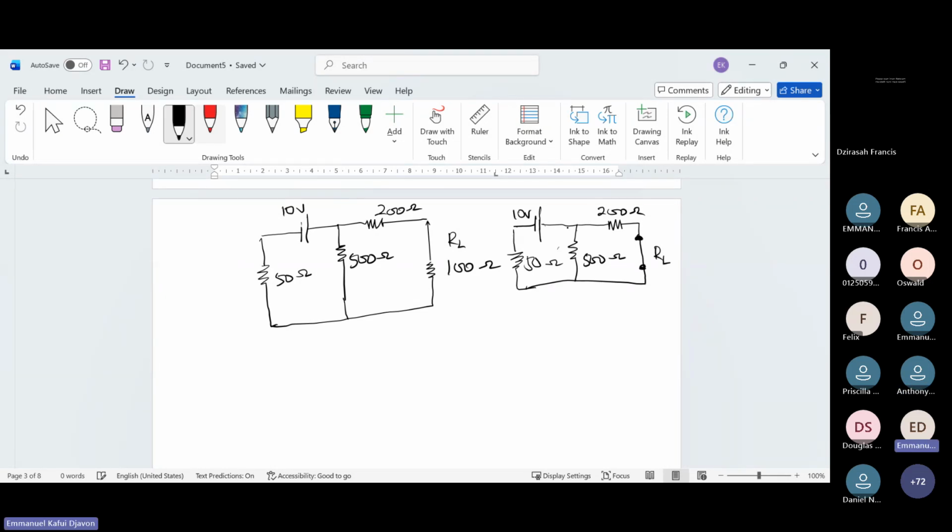So when this particular source produces current, it comes in this direction, some will come here, some will come here. So these two are in parallel.